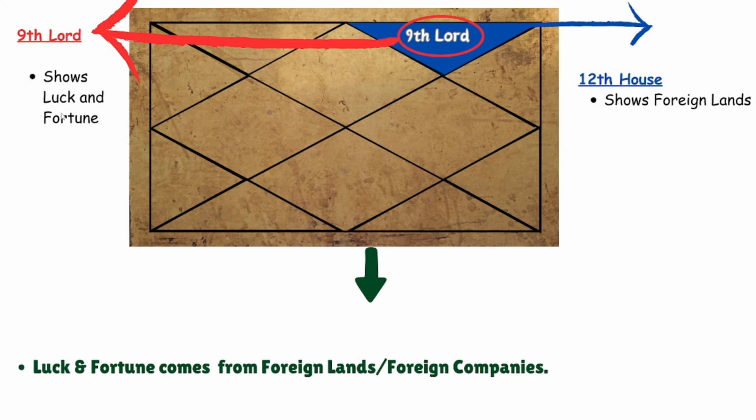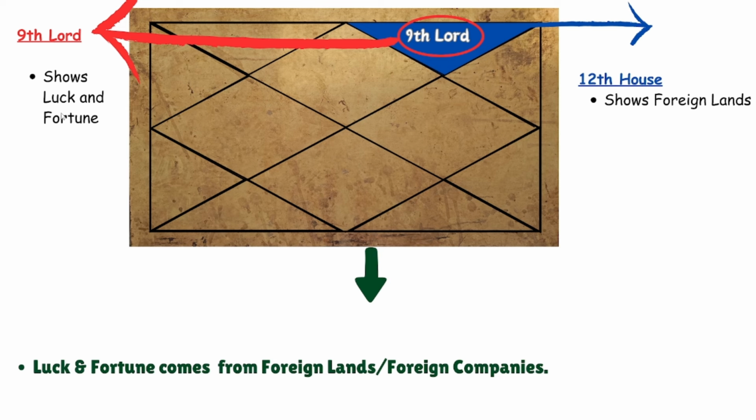Now, the ninth lord shows your luck and fortune, and the 12th house is the house of foreign land. So, especially when these lords are activating these houses, purely if we look at this placement without any conjunction, etc., then it is better to move away and settle in some foreign environment.